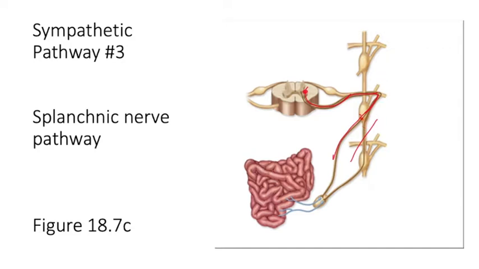Whereas in this third pathway, it's still pre. We haven't had a synapse. This is still just one neuron, and it is going to synapse on a postganglionic neuron here, whose cell body is in some mysterious ganglion. And then the posts are going to send the signal to the target organs.